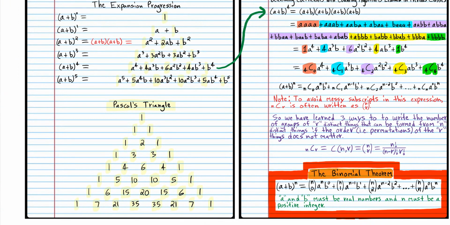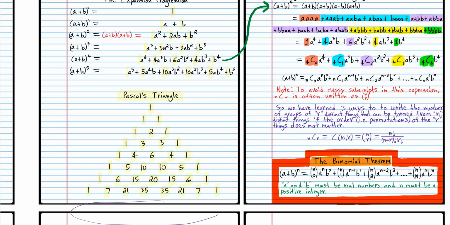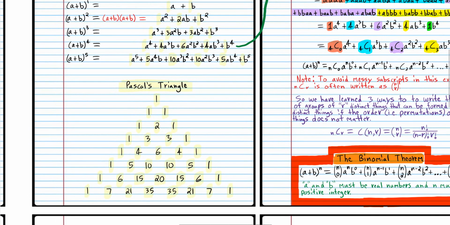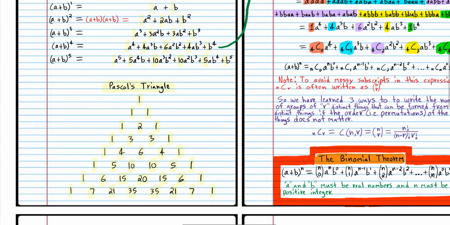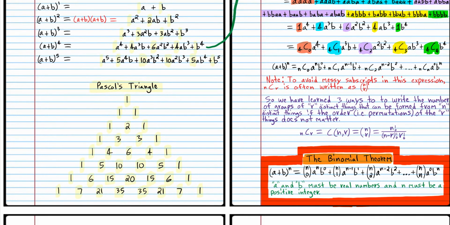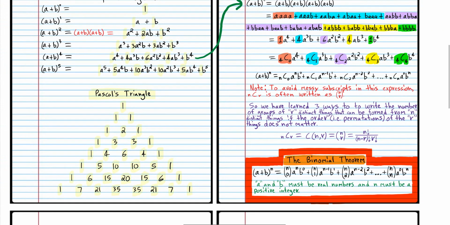And what some people like to do is they just memorize this triangle. The problem with that is that when you get down to these numbers, it becomes very difficult to memorize this triangle. And although we do see patterns with this triangle, some of the patterns are kind of tedious to have to remember. So we'd like to come up with an algorithm that helps us to find these numbers rather than just memorizing a triangle.